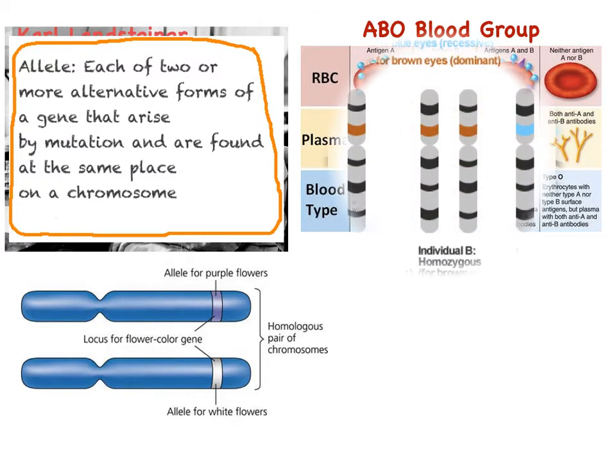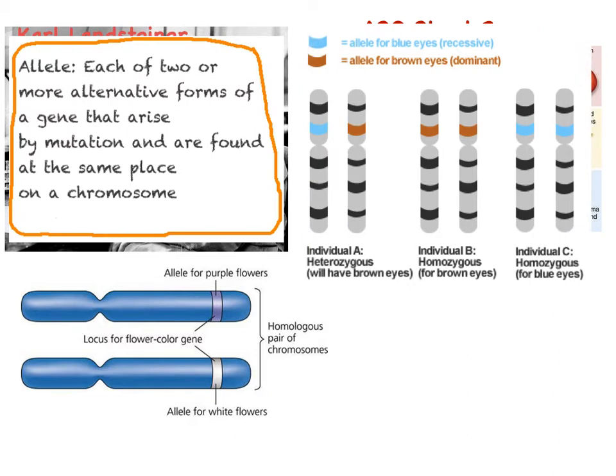Keeping that in mind, we will now talk about what the dominant allele and the recessive allele are. In this example, we again have a color gene, the eye color gene. One allele gives rise to blue eyes, and that is the recessive gene, and the second gives rise to brown eyes, and that's the dominant gene.